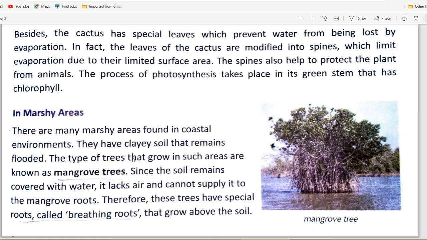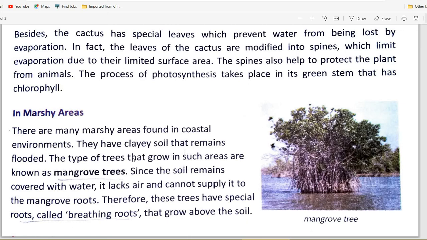So see, the coastal environment plants are having this type of features to survive themselves. If we take these plants to a desert area or to plain areas, they will not survive there because they are having features to live in clay soil, to survive in clay soil or in flooded areas.